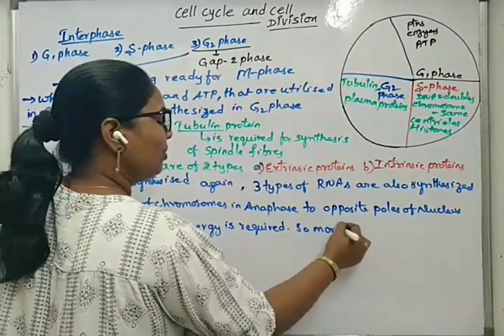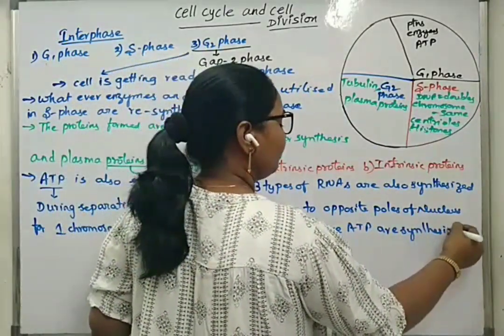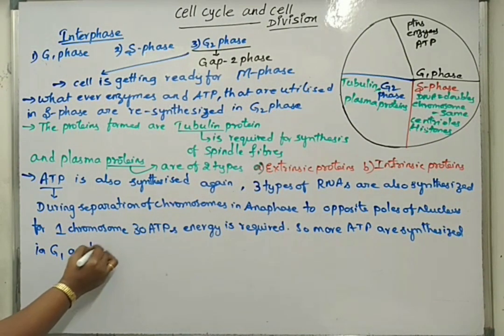So, more ATP are synthesized in G1 and G2 phases.